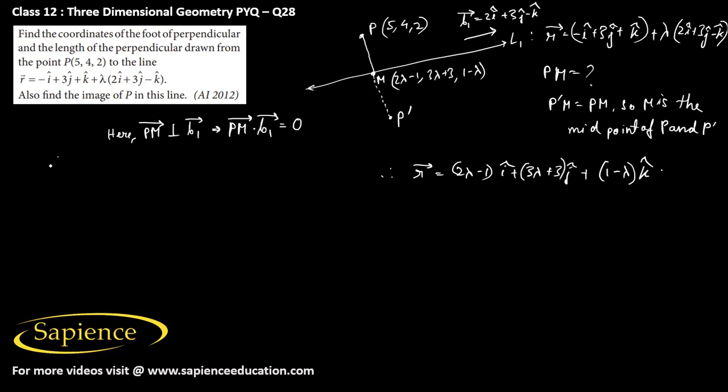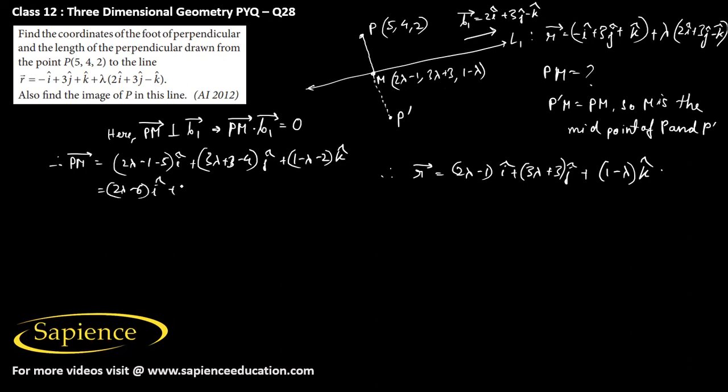Now PM vector should be equal to (2 lambda minus 1 minus 5) i cap, plus (3 lambda plus 3 minus 4) j cap, plus (1 minus lambda minus 2) k cap. So this is (2 lambda minus 6) i cap, plus (3 lambda minus 1) j cap, plus (minus 1 minus lambda) k cap.